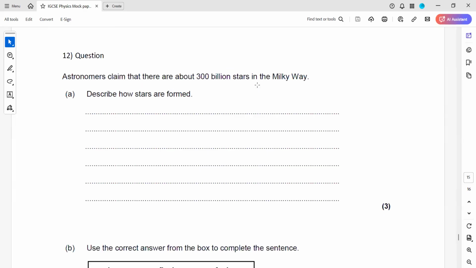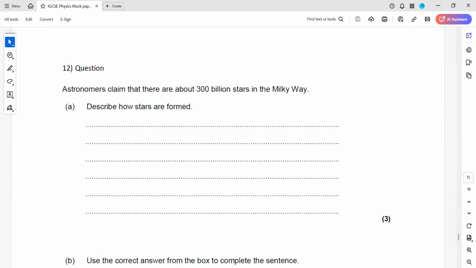Astronomers claim that there are about 300 billion stars in the Milky Way. Describe how the stars are formed. So we have to explain the formation of a star, the star cycle, here. First, we have a nebula, or dust and gas from space, pulled together by gravitational force.